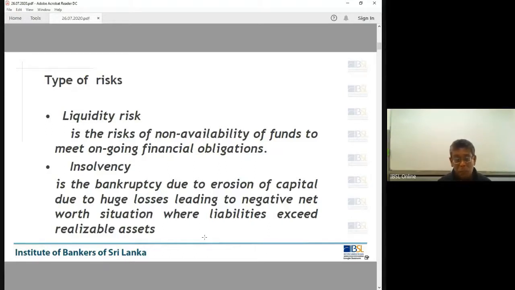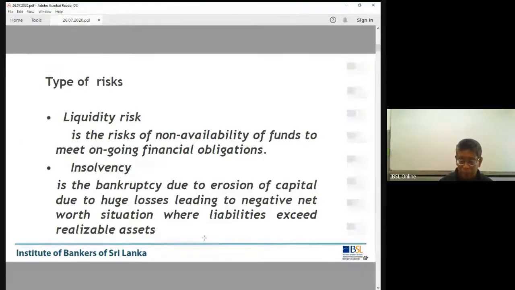Your liability is more than your assets, so your bank is going to face insolvency, bankruptcy, right? So what is insolvency? Erosion of capital. That means your capital is not enough to absorb those losses. So very simply, it is liabilities exceeding realizable assets. That is called insolvency, right?